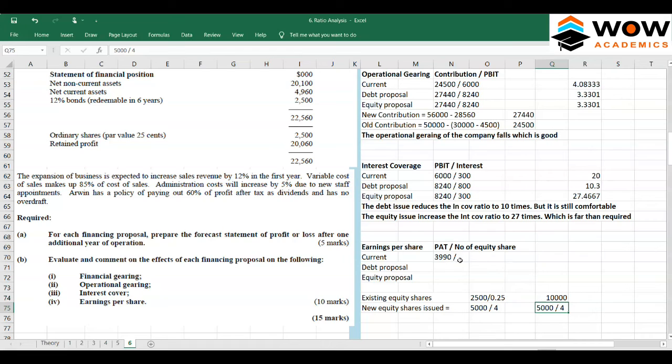So the existing shares are this many, and the new equity issue is this number of shares. Post equity issue, shares are going to be 11,250.